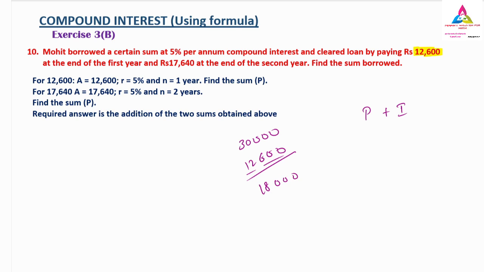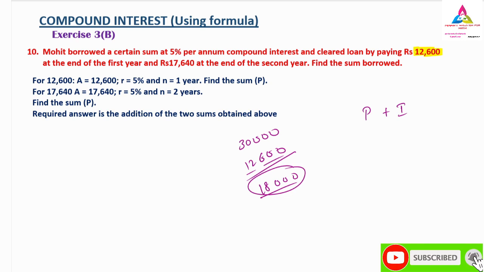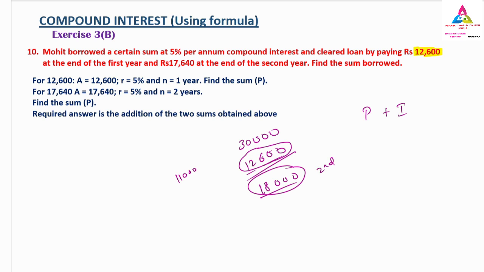So in 30,000, if you take 12,000 as the principal amount, 18,000 will remain. For that, again there will be compound interest for the second year. For example, I am taking 11,000 as the principal amount and 1,600 as the interest.